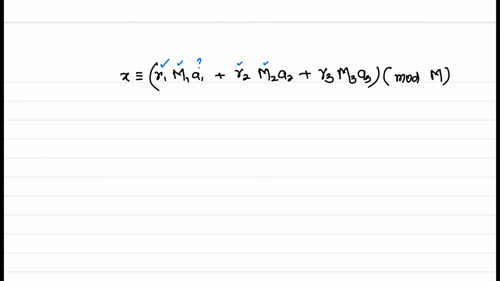Here also R2, M2 is known, A2 is not known. R3, M3 is known, A3 is not known. Now we have to find out A1, A2, A3.